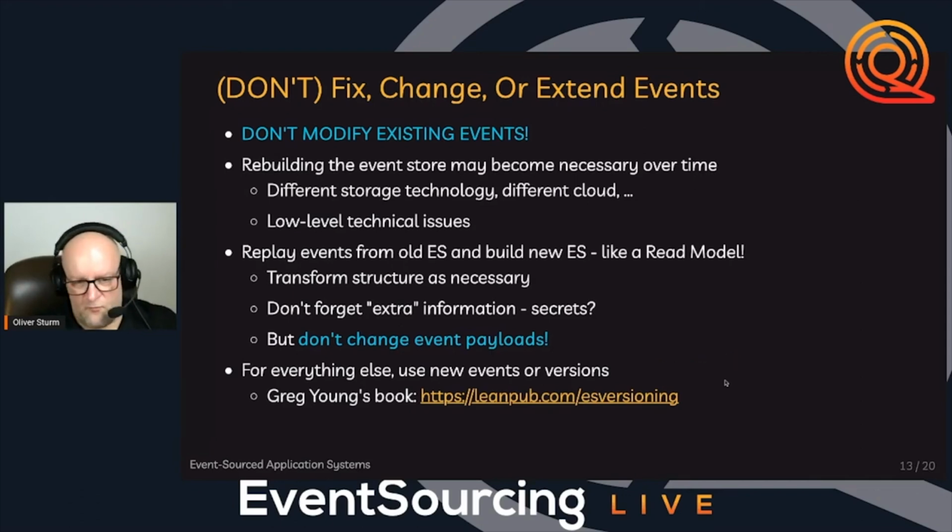It basically goes into some detail on the idea of having events, and then how and when to create a new event that might either be a new version of an existing event or perhaps an entirely new type of event. So these are distinctions that Greg Young makes in this book, and I recommend giving that a look for everything that has to do with the evolution of events themselves.